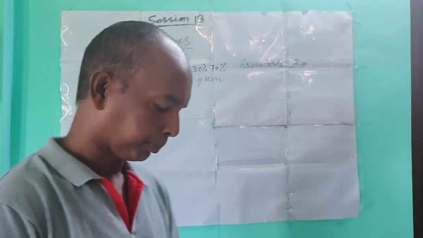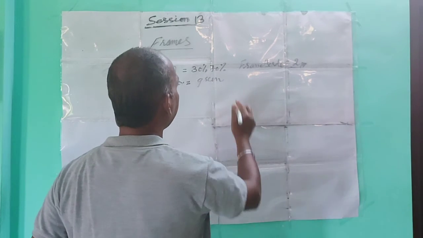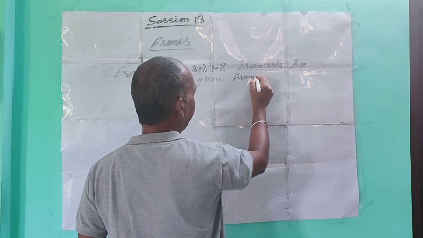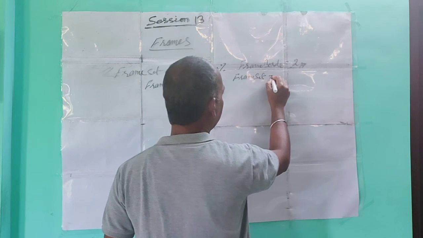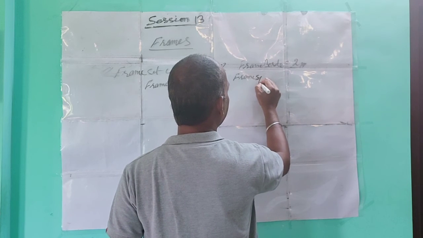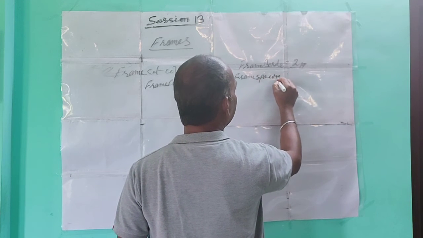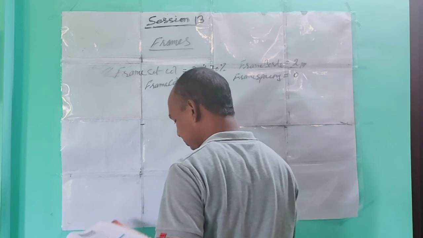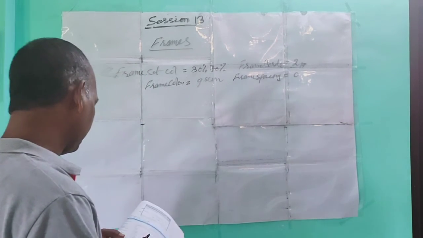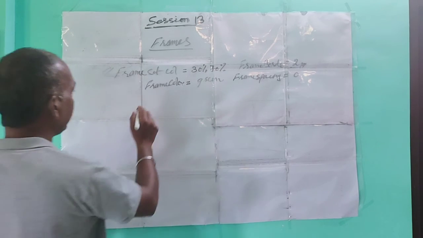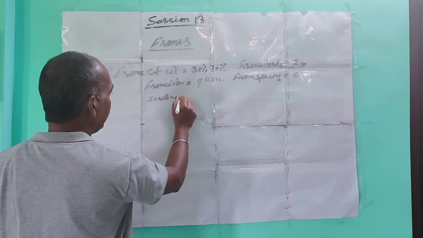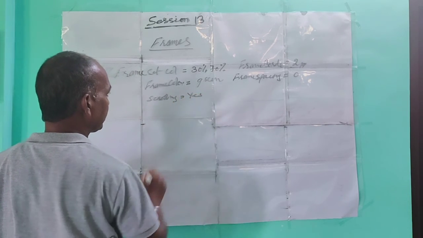Then framespacing equals to 0. I am using all the attributes together at the same time. The other one is scrolling, and scrolling equals to yes.